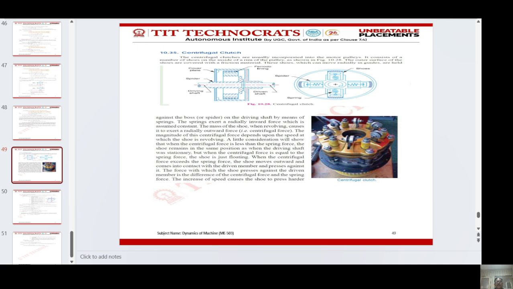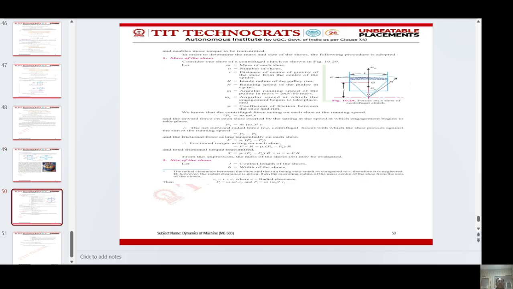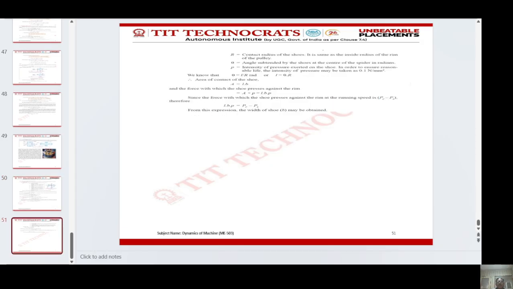The force with which the shoe presses against the driven member is the difference of the centrifugal force and spring force. The increase of speed causes the shoe to press harder and enables more torque to be transmitted. This is the figure and the derivation of centrifugal clutch. Thank you very much.